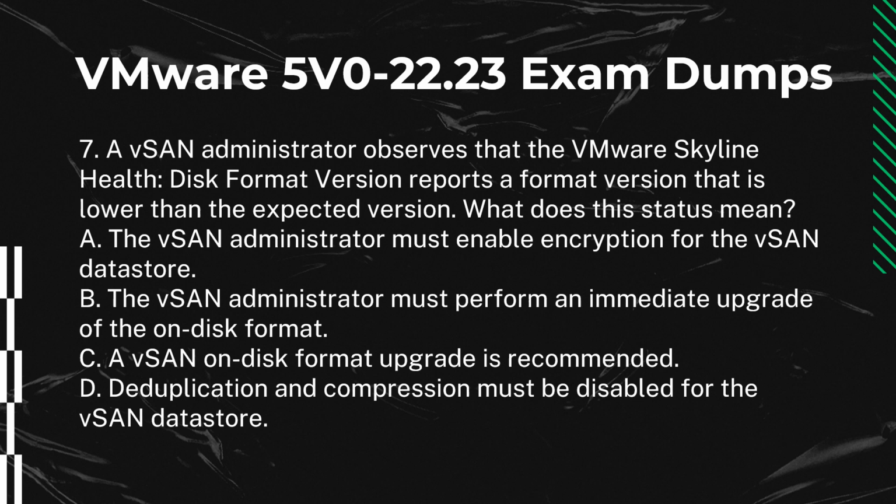B. The vSAN administrator must perform an immediate upgrade of the on-disk format. C. A vSAN on-disk format upgrade is recommended. D. Deduplication and compression must be disabled for the vSAN datastore.